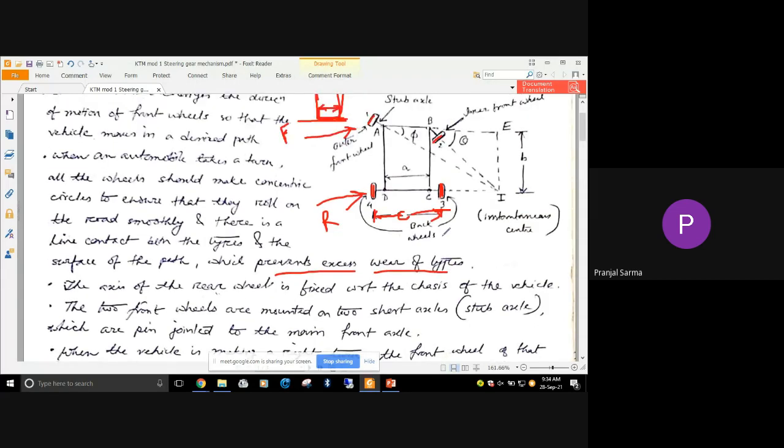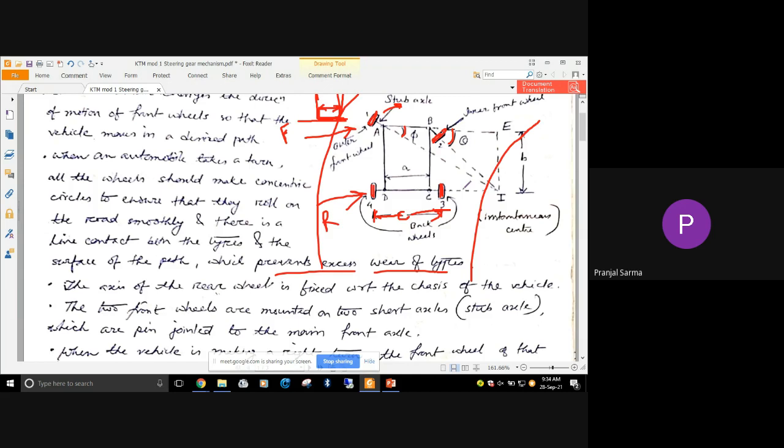Okay, so now what happens? If we are thinking of taking this turn, we are talking about a right turn right now. This road has this particular curvature, and we are taking this right turn. In that case, both the front wheels which are being steered should move by somewhat different angles. That means the angle turned by the inner front wheel and the angle turned by the outer front wheel will be somewhat different.